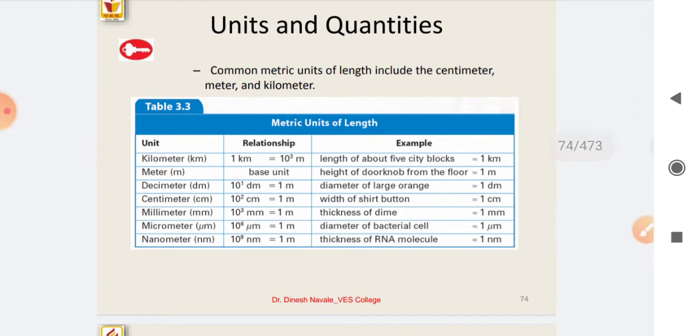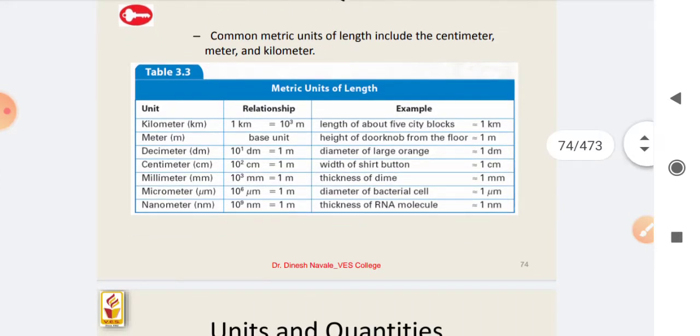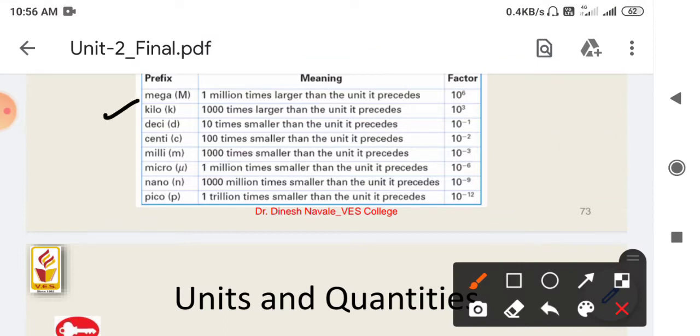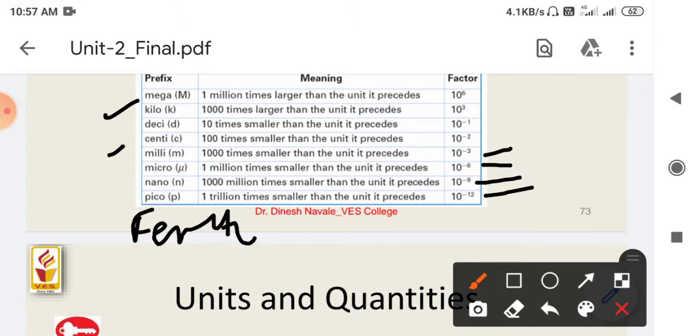All of these conversions are known to us. For kilo we use 10 raised to 3, for mega 10 raised to 6, for centi 10 raised to minus 2, for milli 10 raised to minus 3, for micro 10 raised to minus 6, for nano 10 raised to minus 9, for pico 10 raised to minus 12, and for femto 10 raised to minus 15.